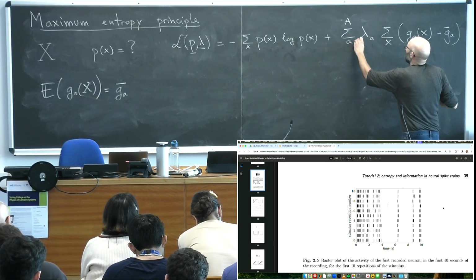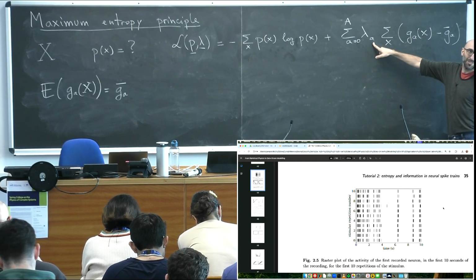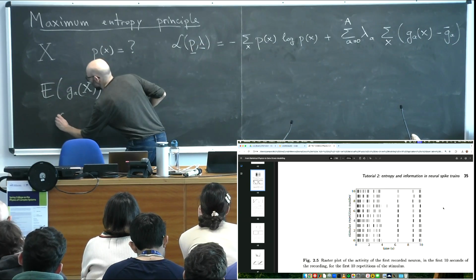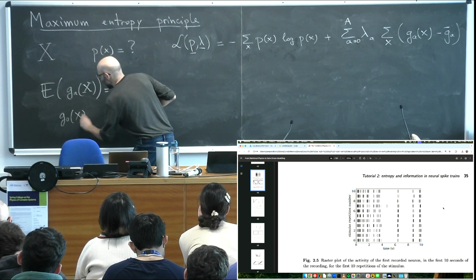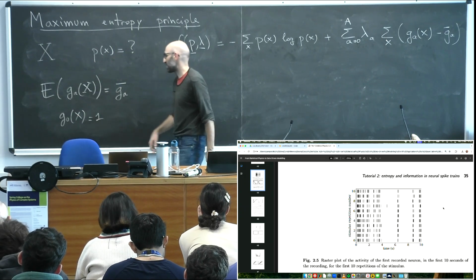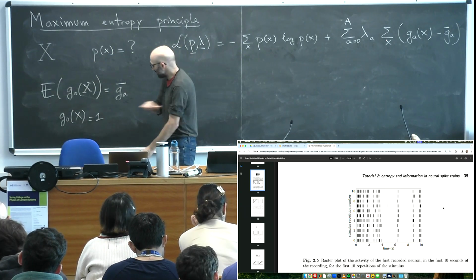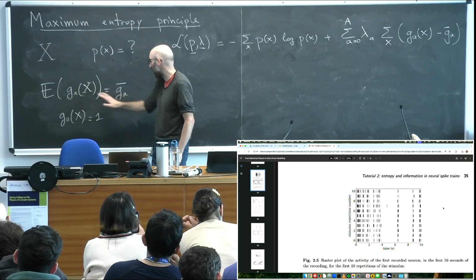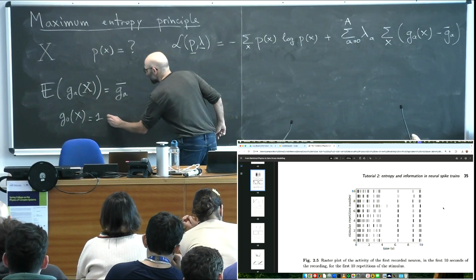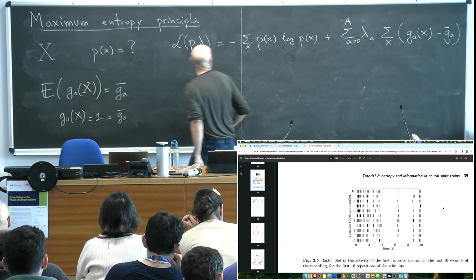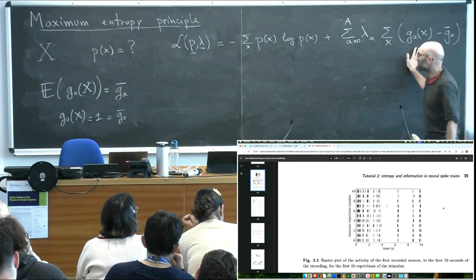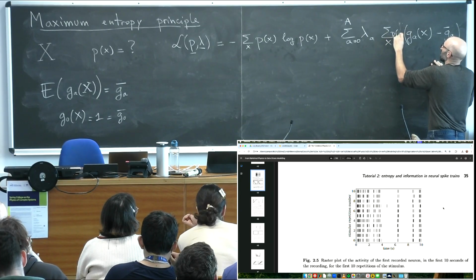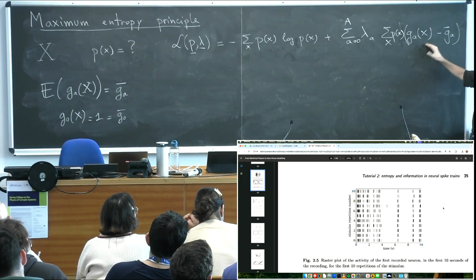Lambda 0 is still the normalization, so I can always choose g0 of x to be equal to 1. Then this corresponds to the normalization. It tells me that the expectation of 1 should be 1. And then I have the other multipliers. There is a p of x here missing. Okay. So now we can do the same.